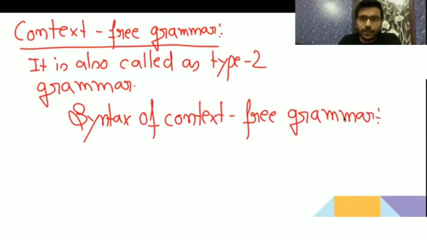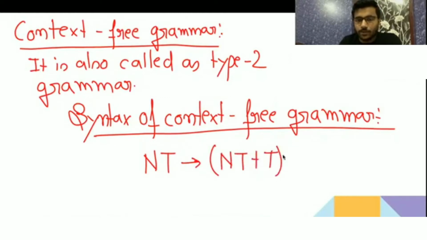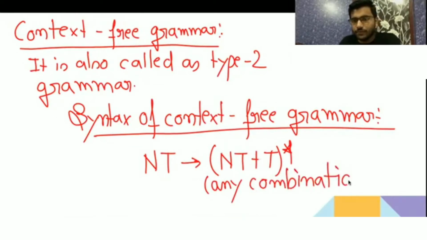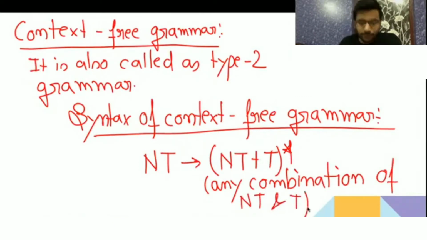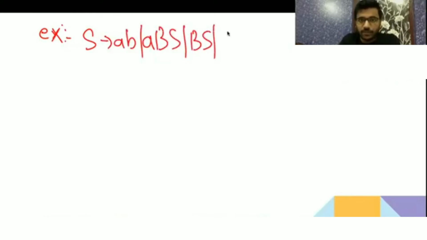Syntax of context free grammar. It says that on the left hand side it will have a non-terminal, and on the right side you will get any combination of non-terminals and terminals. For example, S derives AB, ABS, epsilon.